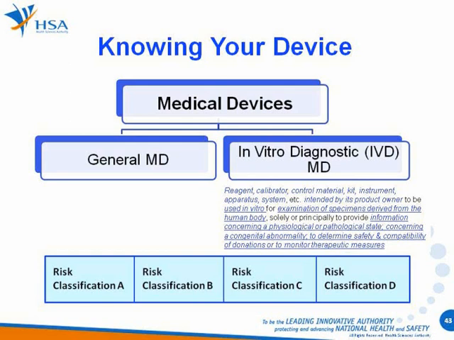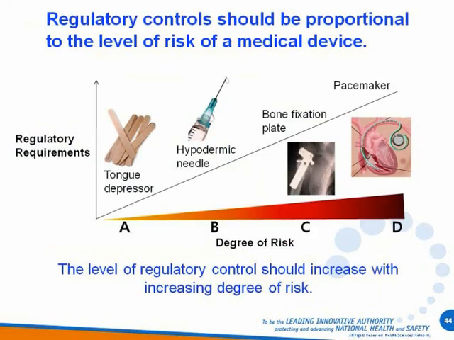All medical devices are risk classified into 4 risk classes: A for low risk, followed by B, C, and D for high risk. Singapore's medical device regulatory framework is risk-based, and the regulatory controls are proportional to the level of risk of a medical device.